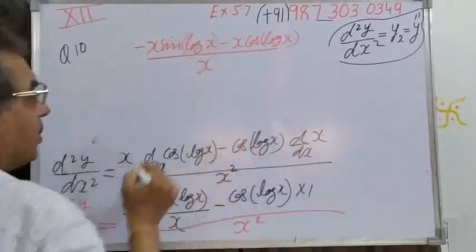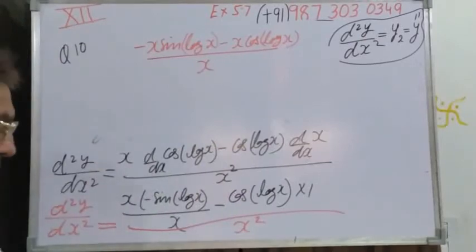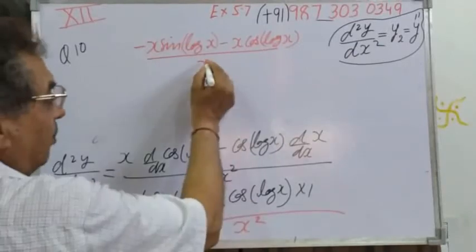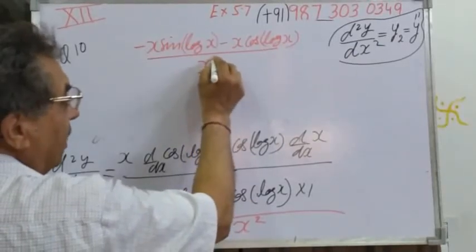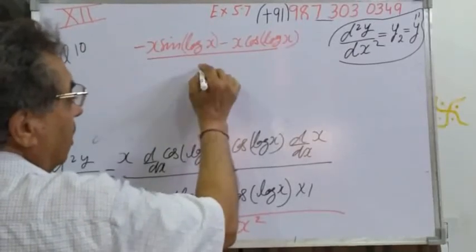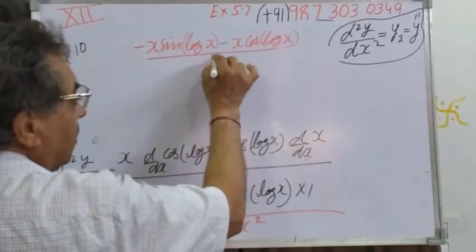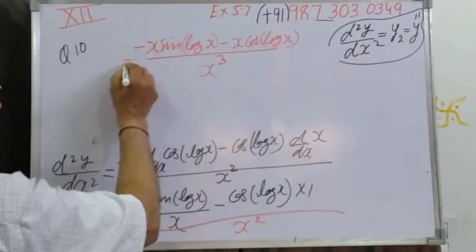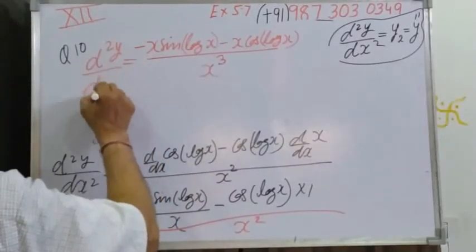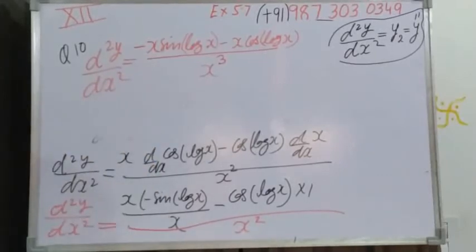This x goes here, and one of the x square gets multiplied with it, and we get x cube in the denominator. So this is our second order derivative of question number 10.